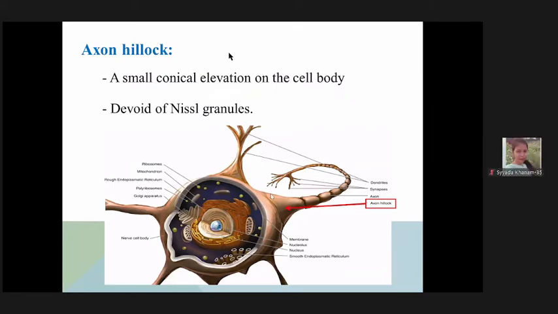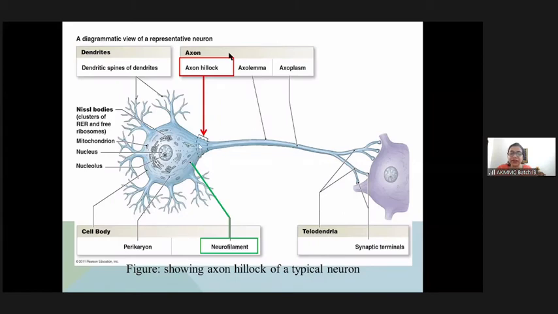It is a conical elevation on the cell body. Does it contain Nissl granule? No, ma'am. Nissl granule is absent here, devoid of it. Why? It is filled with what? Neurofilaments and mitochondria, which are maintaining the axoplasmic flow.